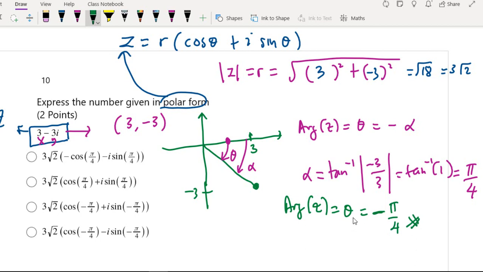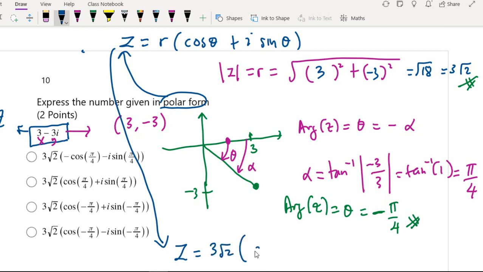This is the argument. The first is the modulus. Then substitute, using the template: z is equal to r, where r is 3 square root of 2, cos negative pi over 4 plus i sin negative pi over 4.